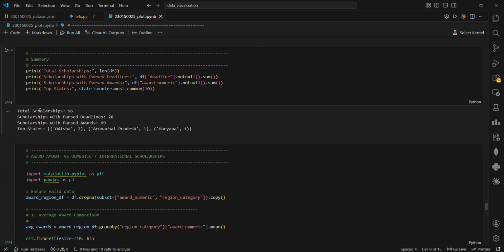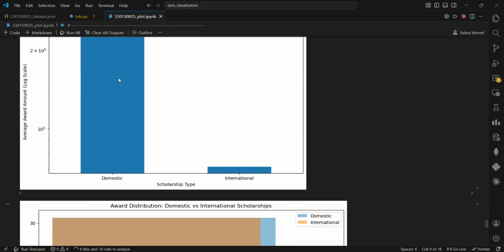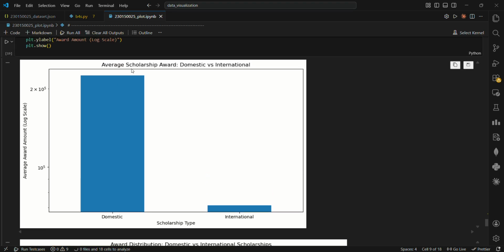Total scholarships we scraped were 96. We had 28 scholarships. We'll move further on. The average scholarship award for domestic scholarships was much higher than for international scholarships.